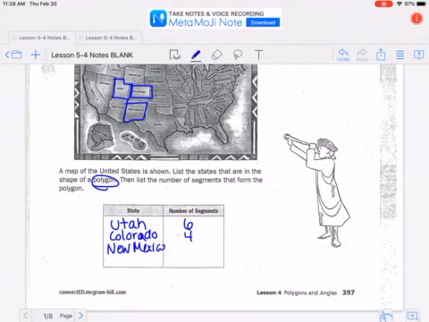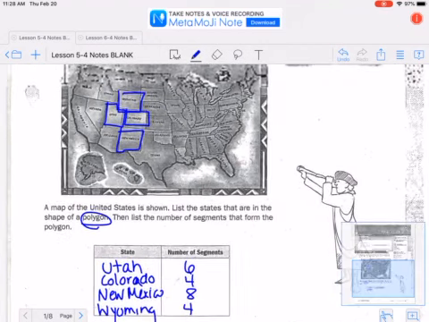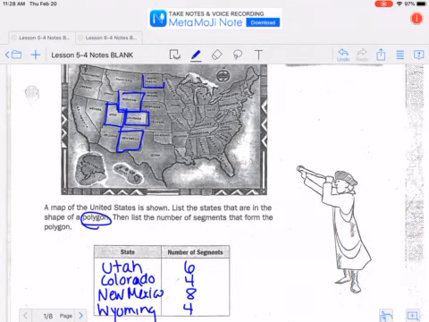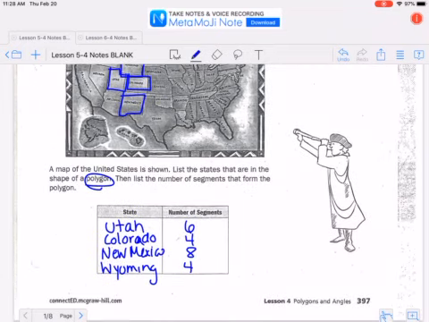And that has 1, 2, 3, 4, 5, 6, 7, 8. Then I see Wyoming has 4. And then I see North Dakota also has 4.